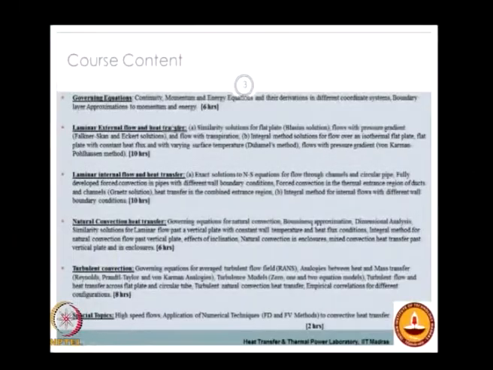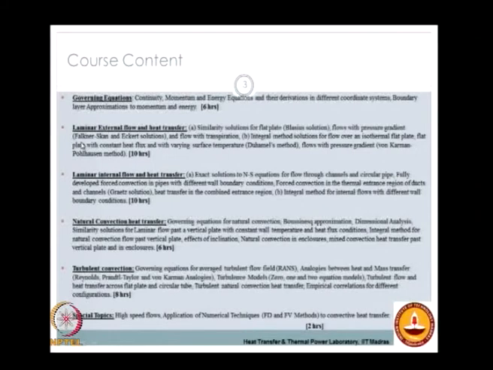These are typically something like the boundary layer approximations, where we will be able to reduce the full complexity into something where we can find analytical solutions. So we will look at the boundary layer approximations to momentum and energy. This will take about 6 lecture hours.